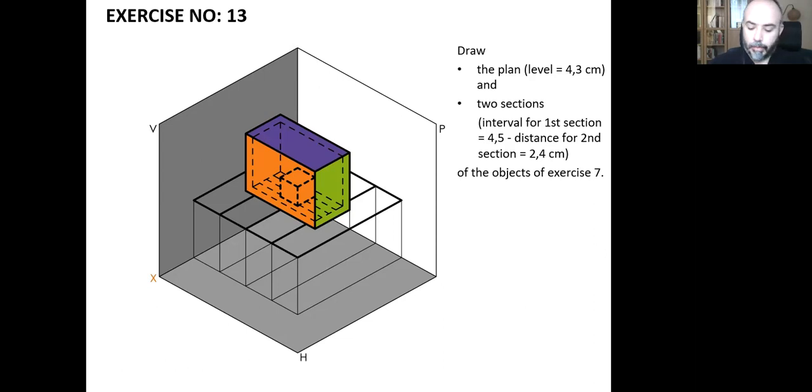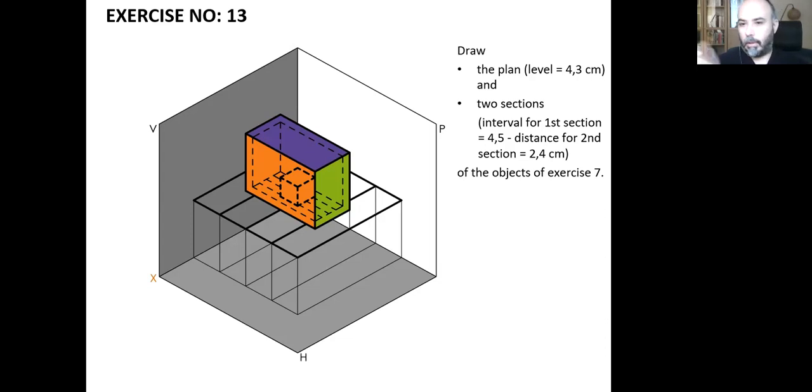So it will be easier for us, and we need to fix this A4 sketch paper over our exercise 7. And after that, we can start drawing with our usual tools, T-square, set-square, and other things.